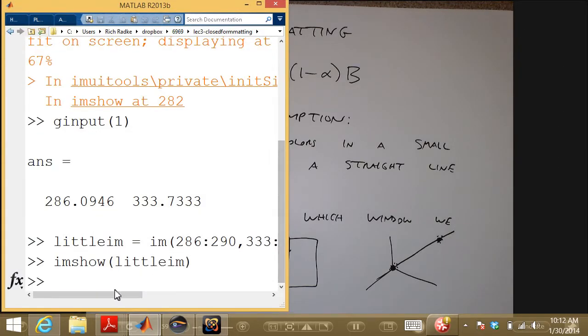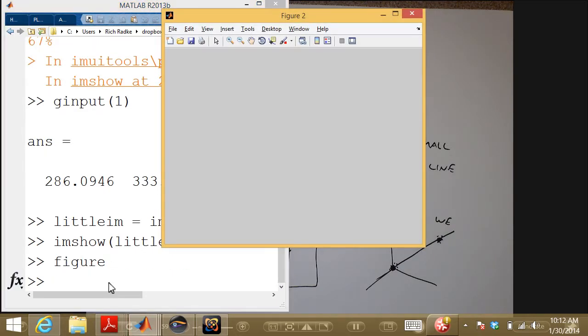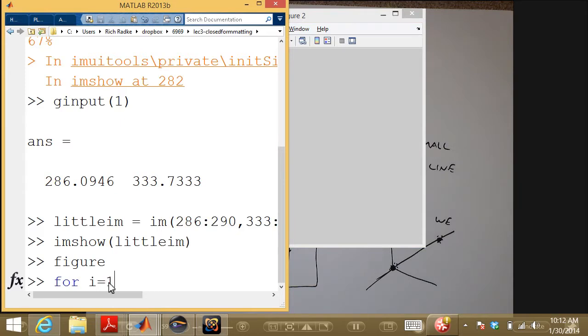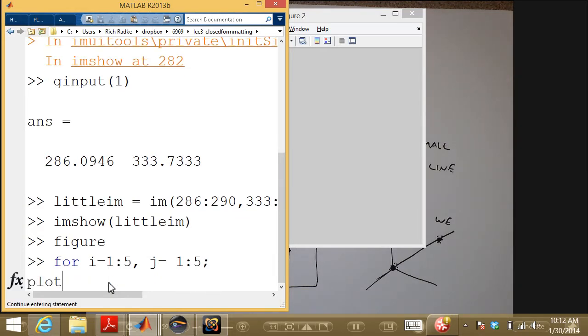So now what I want to do is, all right, this is going to be quick and dirty. MATLAB, as you know, is a vectorized language, so you should always avoid doing for loops, which is exactly what I'm doing right now. But let's just say I am going to plot the little m of i, comma j, comma, this is really crude.